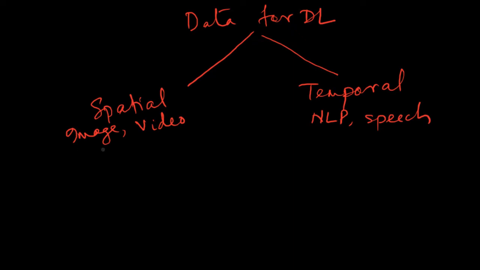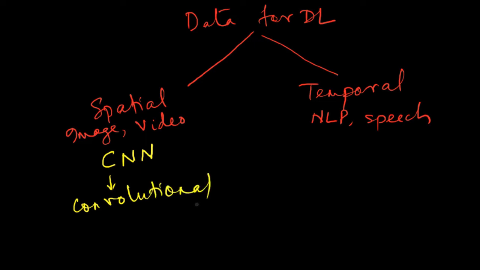So for spatial data, generally, the algorithm used is CNN, or what is called convolutional neural networks. So this C stands for convolutional and NN is your neural networks.